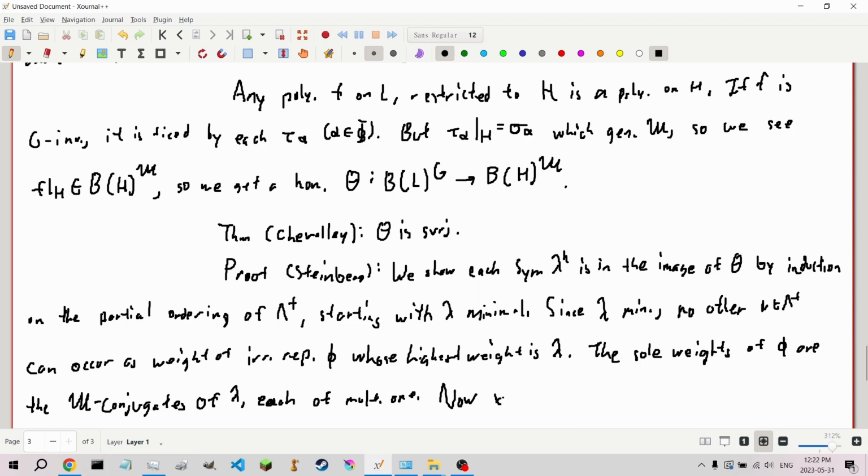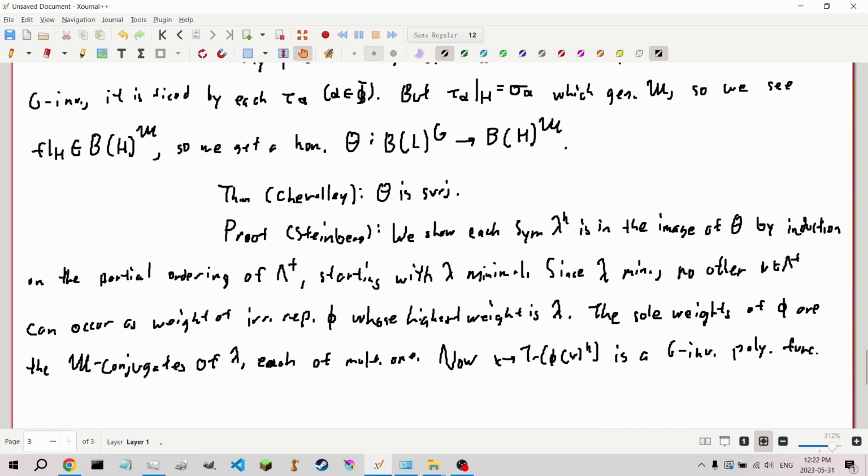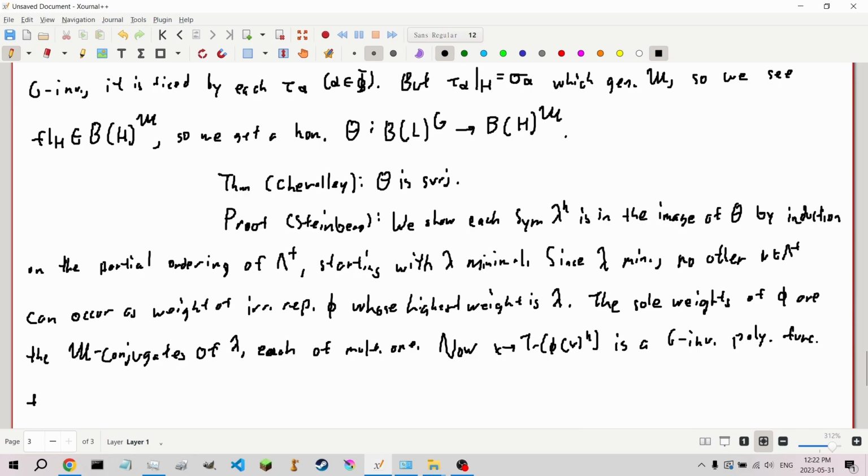Now the map from x to the trace of phi of x to the k is a G-invariant polynomial function f whose restriction to H is the sum of lambda to the k, which is thus equal to theta of f.